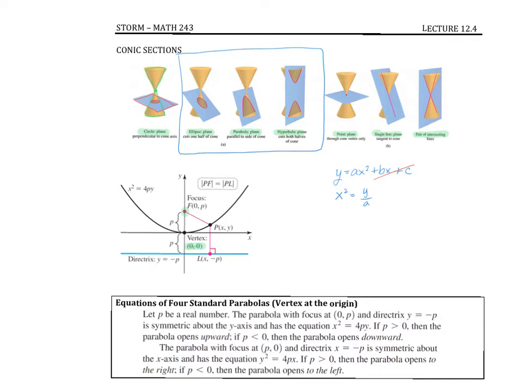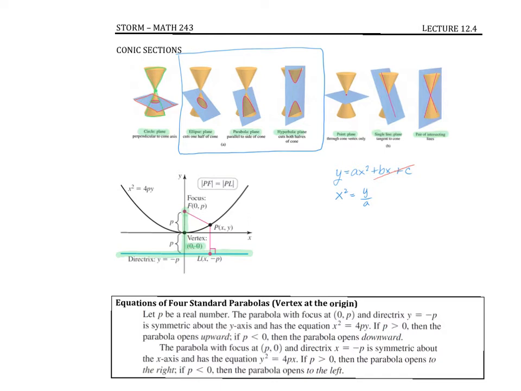On the opposite side of the vertex from the focus, you're going to have what we call a directrix. The directrix is a line. It's the same distance away from the vertex as the focus is.